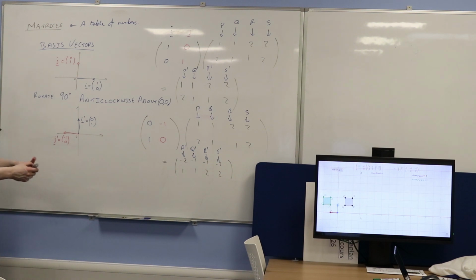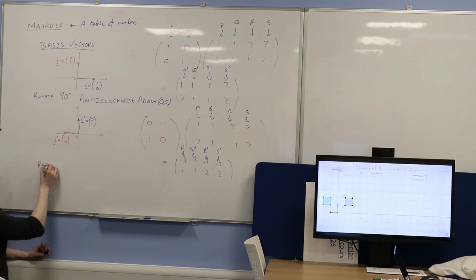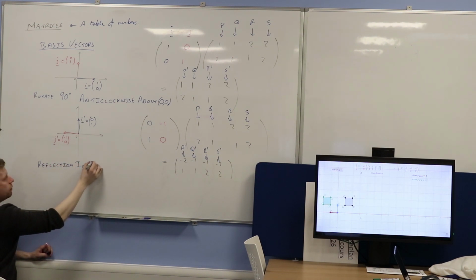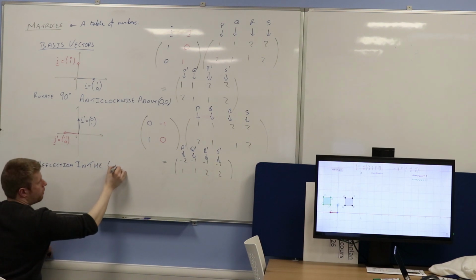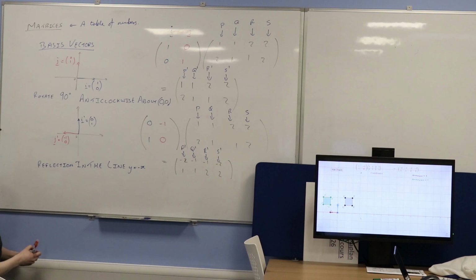Yeah? So let's do, for example, a reflection in the line y equals -x. Okay, what would the transformation matrix be? So here we go.